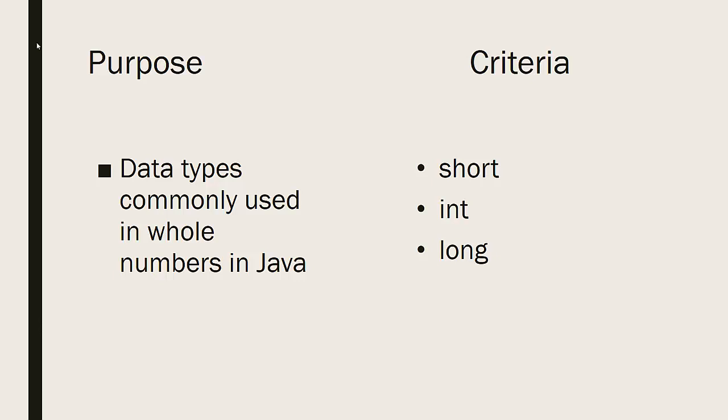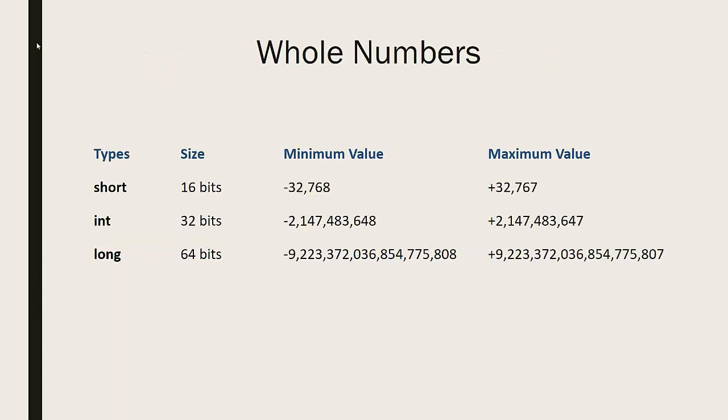In this tutorial, I will discuss how to use the short, the int, and the long data types in Java. Before we proceed, let me highlight the differences of these data types. The short data type uses 16 bits of memory, which means it can hold a much lower number compared to the int and the long types, which are 32 bits and 64 bits respectively.